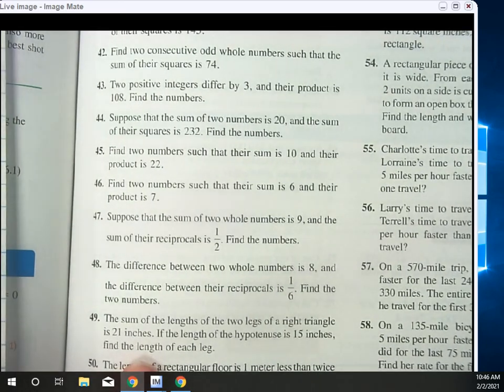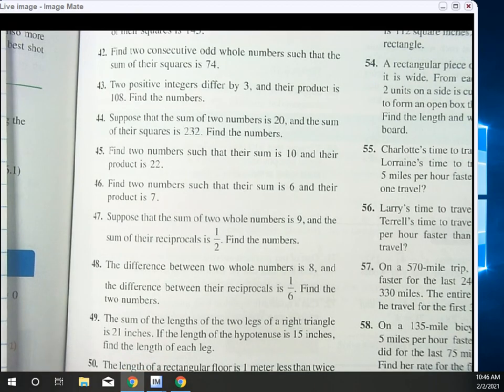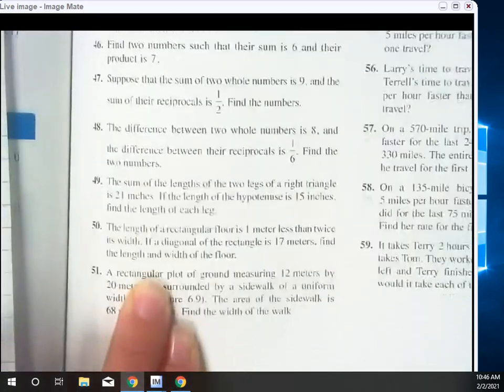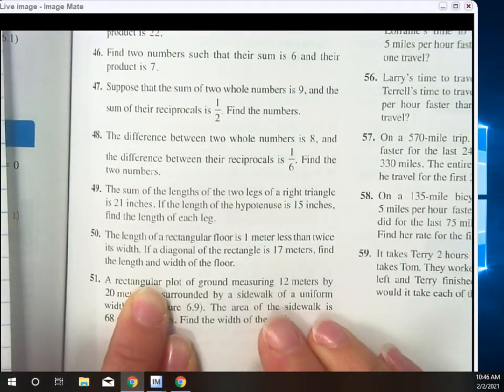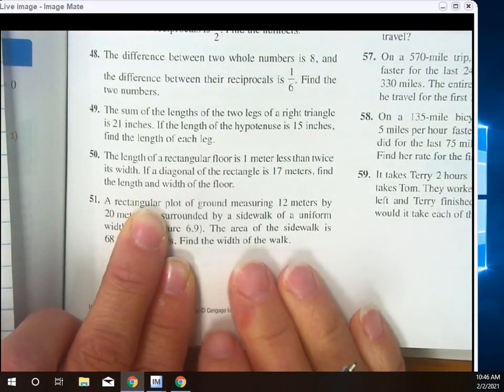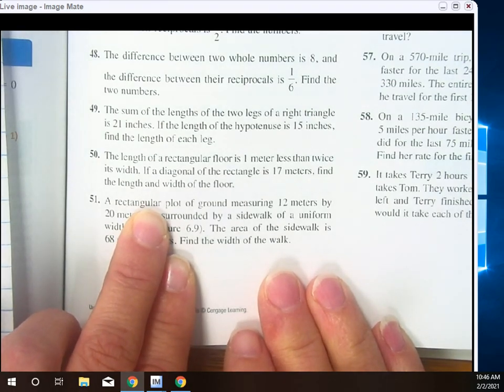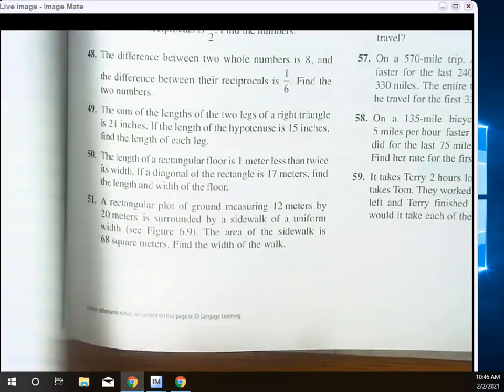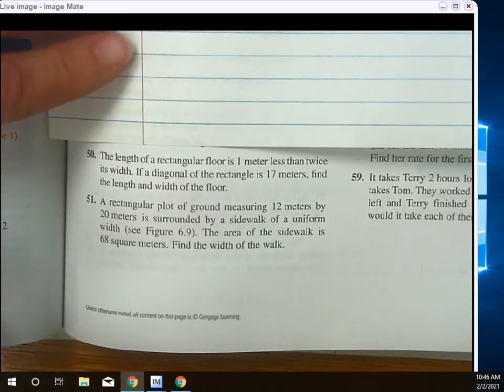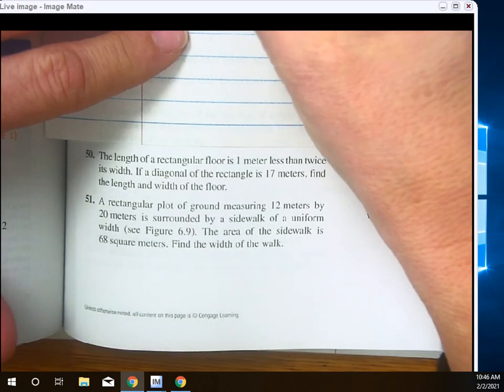Let's see. How about 50? The length of a rectangular floor is 1 meter less than twice its width. If the diagonal of the rectangle is 17 meters, find the length and the width of the floor. I have to draw pictures. I have a rectangle.